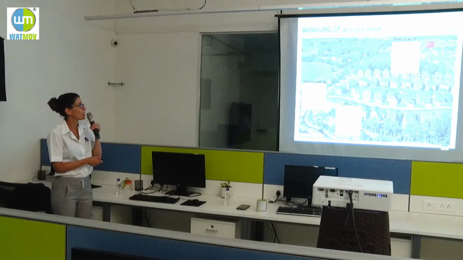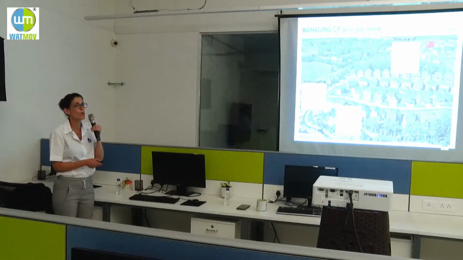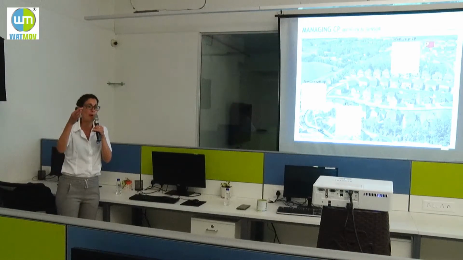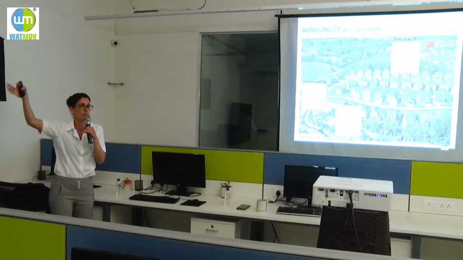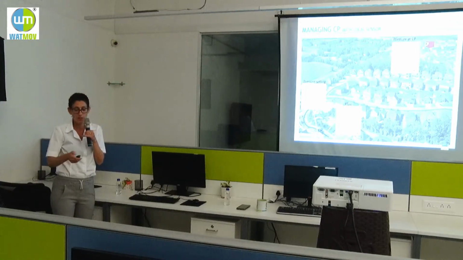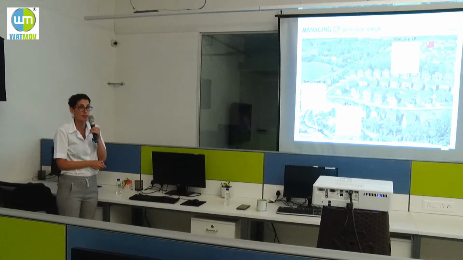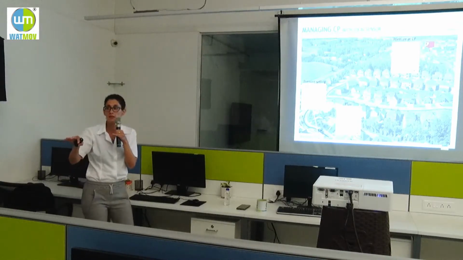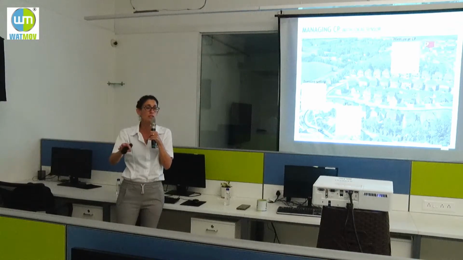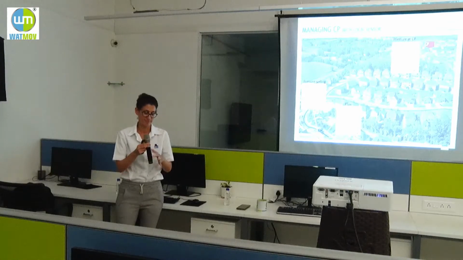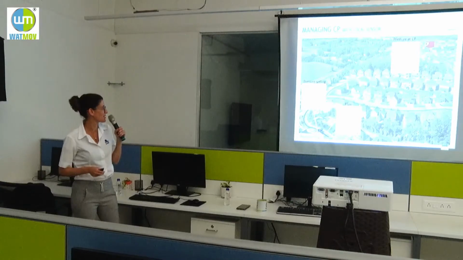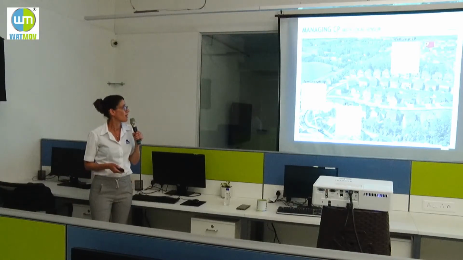This will ensure that during peak hours of the day, the pressure will not drop below, for example, 2 bar at the critical point, in the household of the critical point. So it will be the minimum pressure, optimizing the pressure that I apply on the system, and not 6 bar or 7 bar. This way I will reduce the leakages, and I will reduce the water that I'm losing.